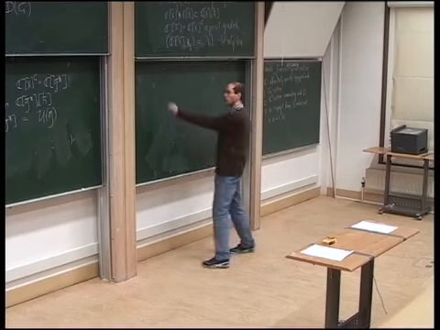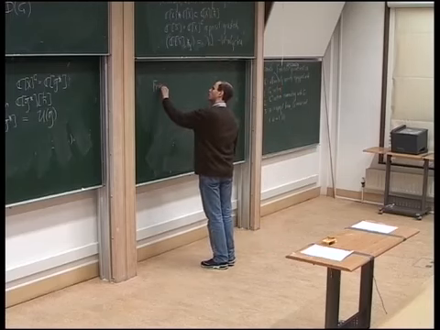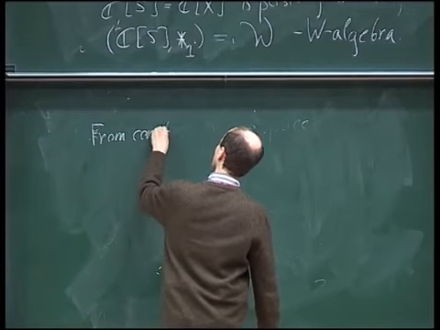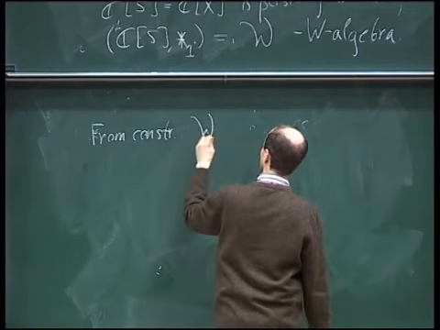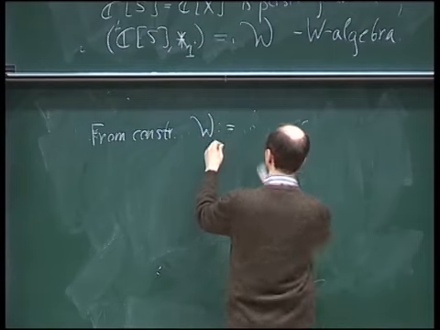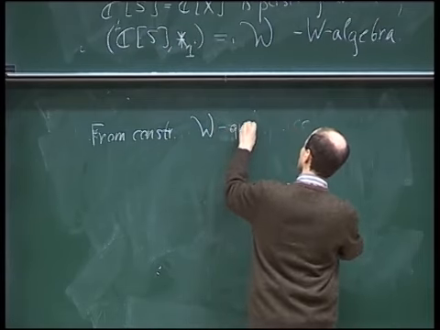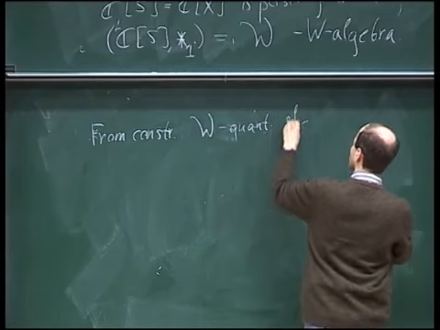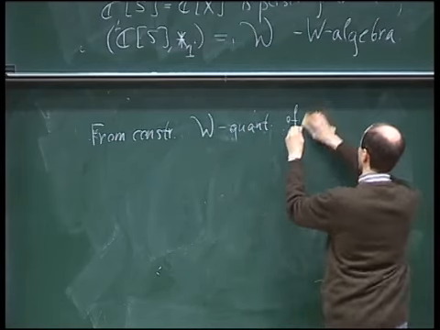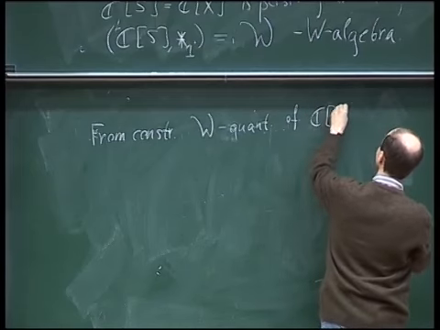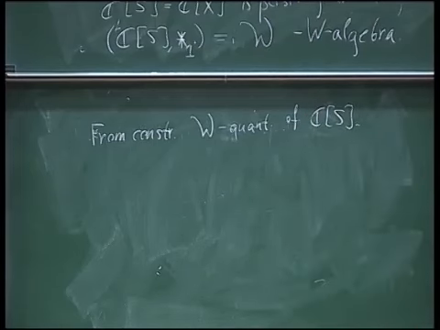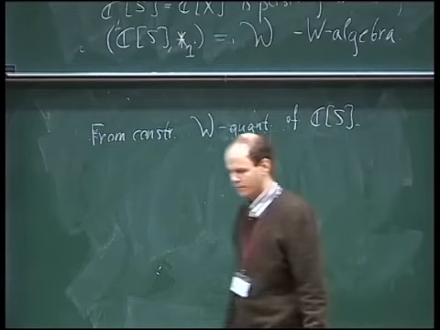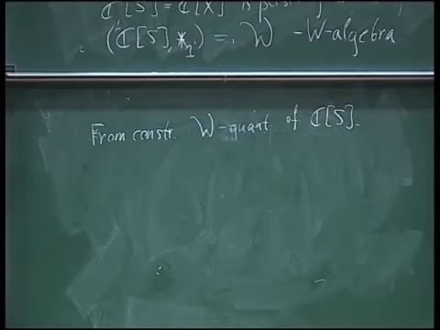So from construction, W is a quantization of the Losev slice, C of S. It wasn't so obvious from Premet's construction, but here it's more or less clear.